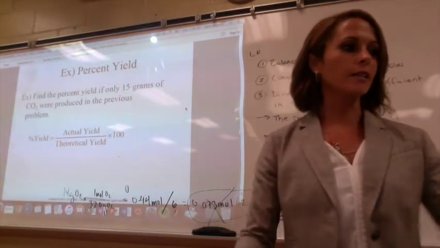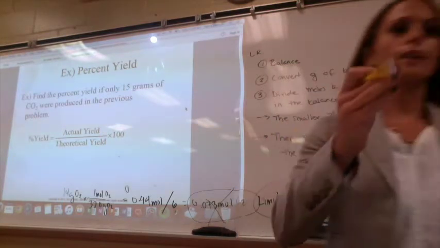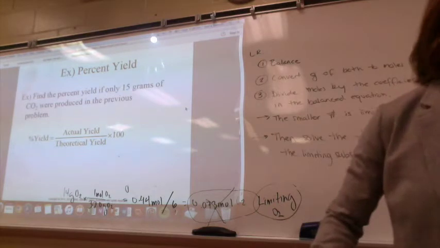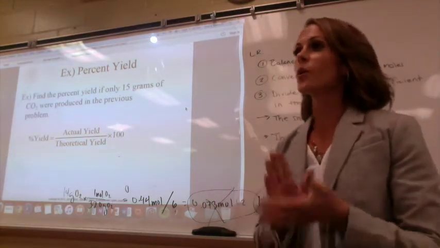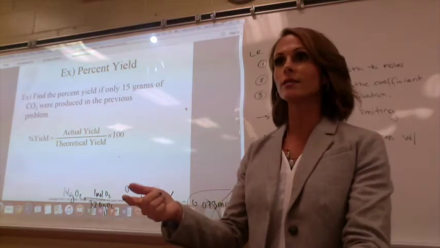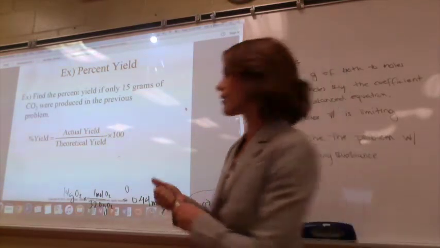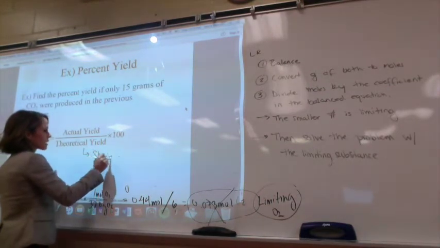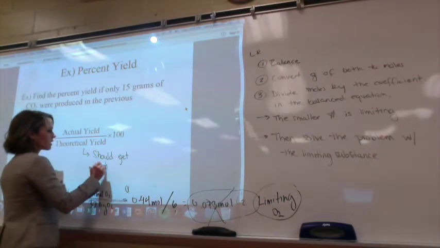What is percent? Okay, here we are. So percent yield then is always going to be the part that you got over the whole, which you should have got. So theoretical is what you should get, and you get this number on paper.